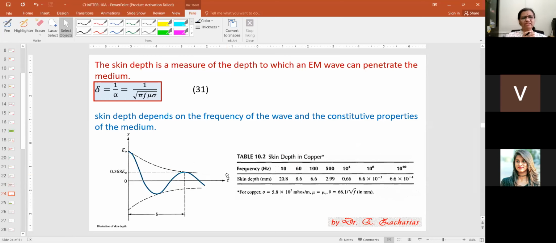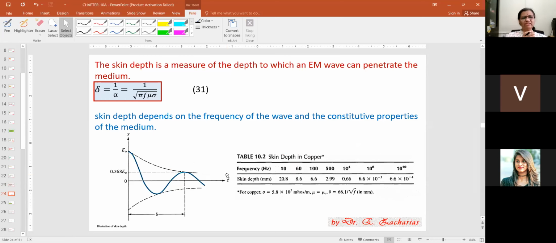Wherever you see a 1 by alpha, put it as delta. Additionally, you know that metals, conductors also have alpha equal to beta. Therefore, you can say that for a conductor, alpha equal to beta equal to 1 by delta.